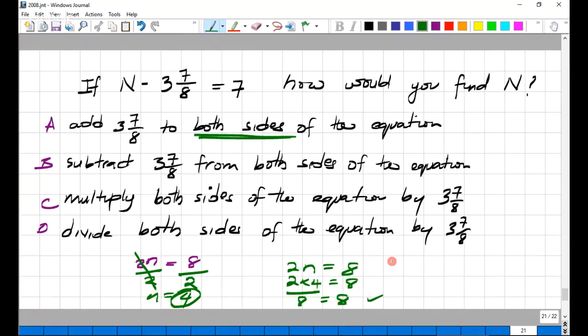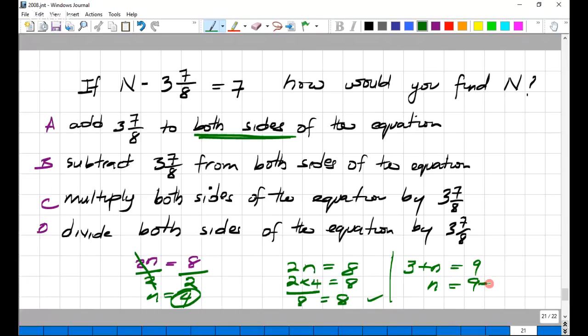Let me see if I could find another example off the top of my head. 3 plus n is equal to 9. What's n? n is being equal to 9.